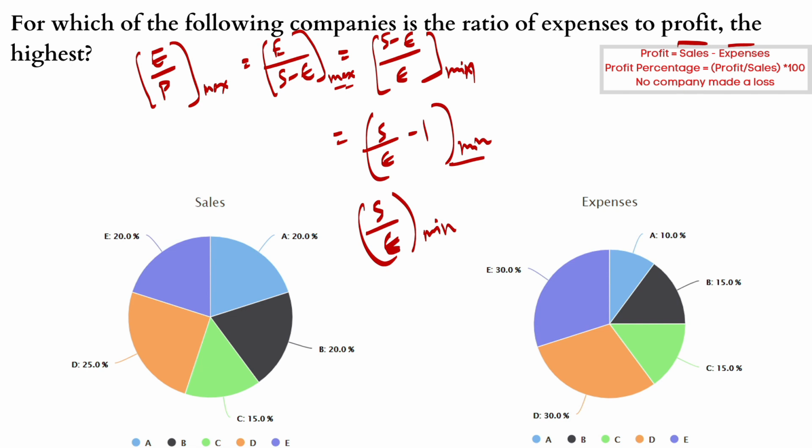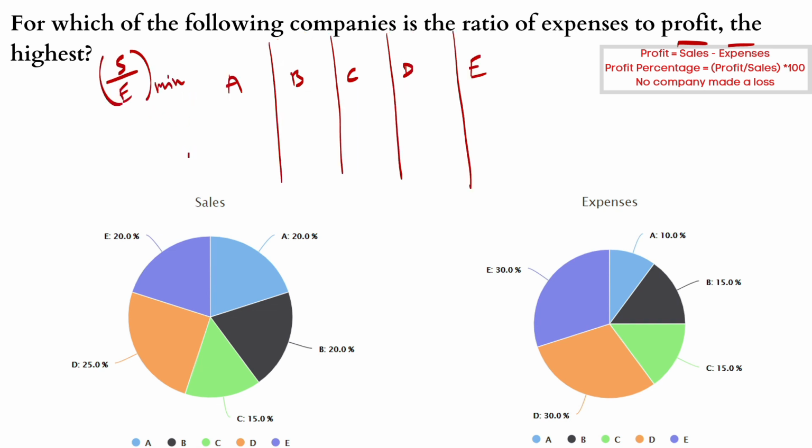So we will take S by E values for each and every company, and the company for which the value is least has the highest expenses to profit ratio. What is the S by E value of A? S of A is 20 and E of A is 10. So 20 by 10, it's 2 here. And what is B?